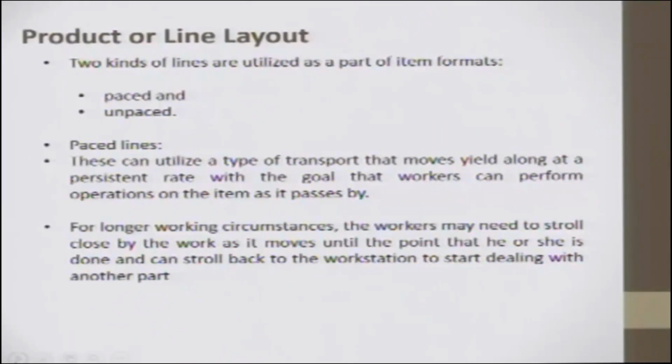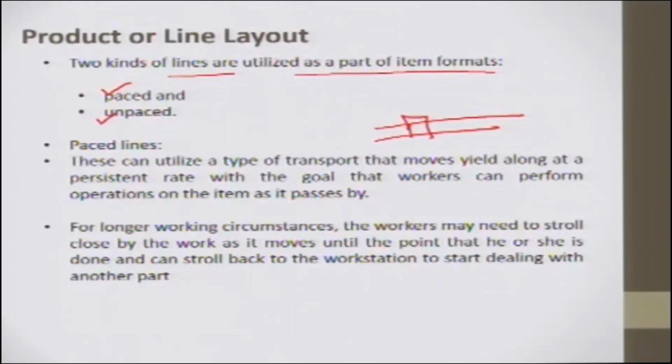Now there are two kinds of lines that are utilized as a part of product layouts, paced and unpaced. So what is there in paced lines? The product is fixed to the conveyor belt, and the machines or the workers whoever has to carry out this operation would do it whenever the product is flowing in this path.